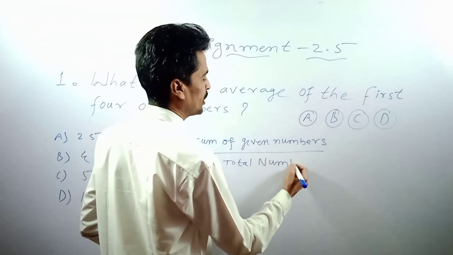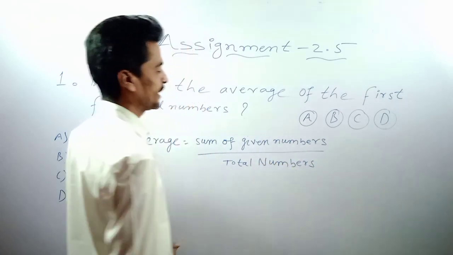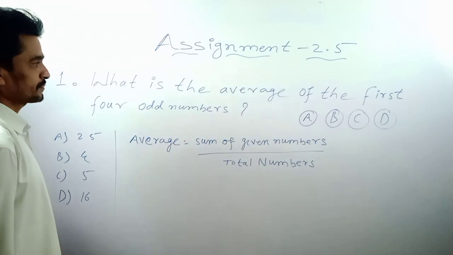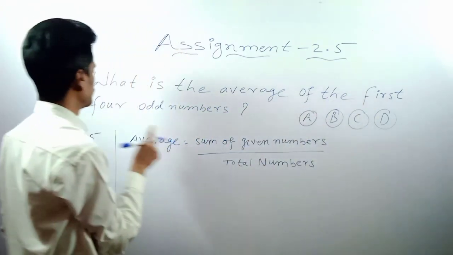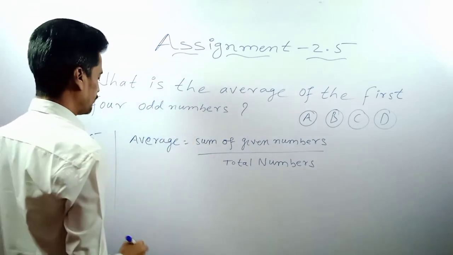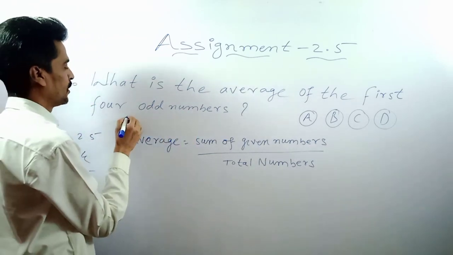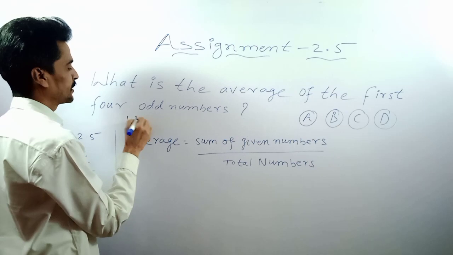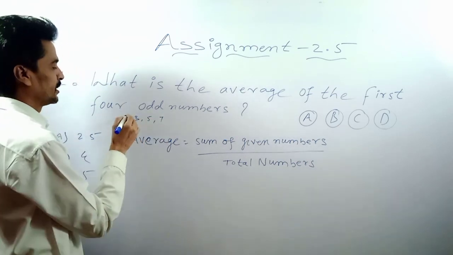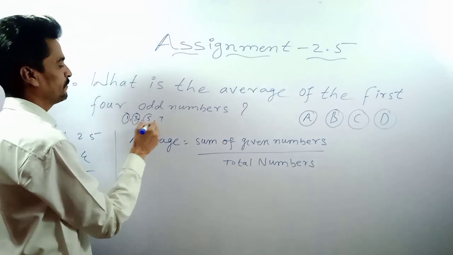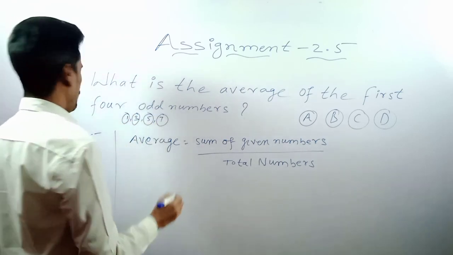This is the formula to find out the average. So what is the average of the first 4 odd numbers? What are the first 4 odd numbers? 1 is odd number, 3 is odd number, 5 is odd number and 7 is odd number. These are the first 4 odd numbers.